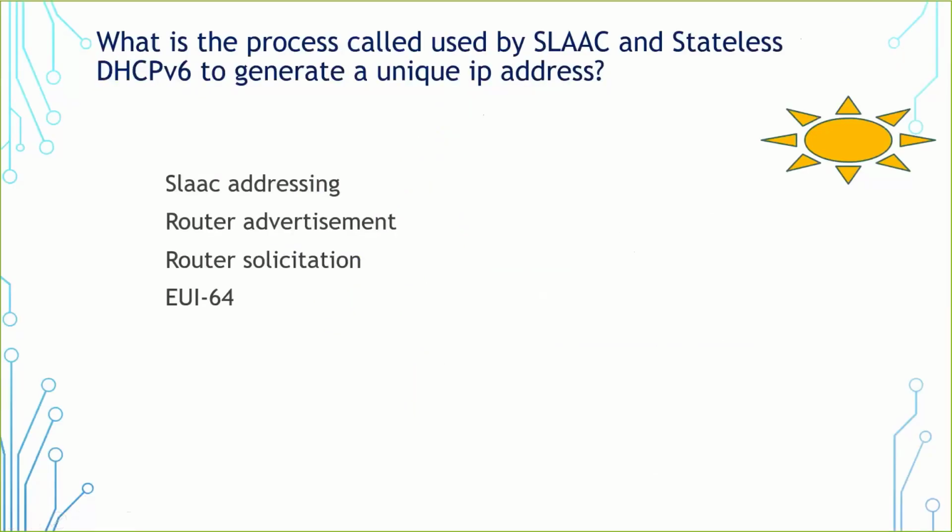Okay, so what is the process called used by SLAAC and stateless DHCP to generate a unique IP address? EUI64. Exactly. So we know that if we're running SLAAC or stateless, the router is managing the IP address assignment, right? Well, here's the next reason why SLAAC is efficient, okay?